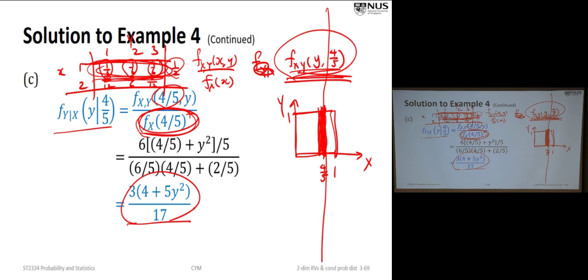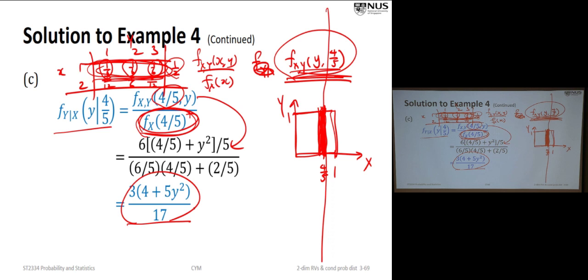Of course, the next question is: is this expression, the conditional distribution equal to 3 times (4 plus 5y squared) over 17, valid for all the y values? And the answer is no. Why? Because when we substitute, the numerator expression is only valid when y is between 0 and 1.